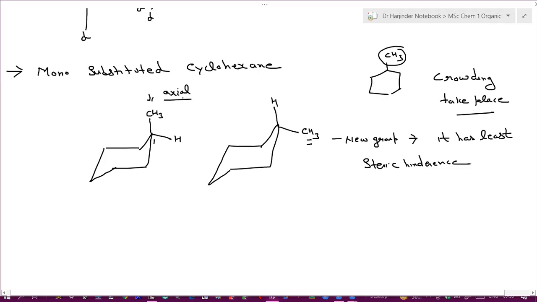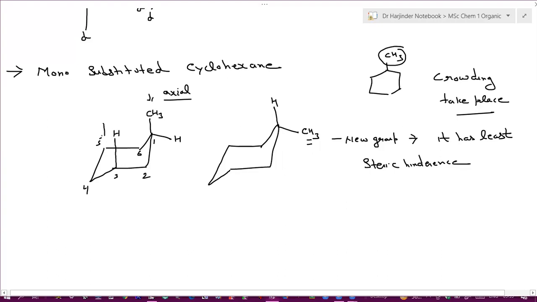Now when methyl is present at the axial position, what will happen? It will undergo 1,3-diaxial interactions, with which hydrogens? The methyl and the hydrogens at the third and fifth positions will have repulsive interactions.